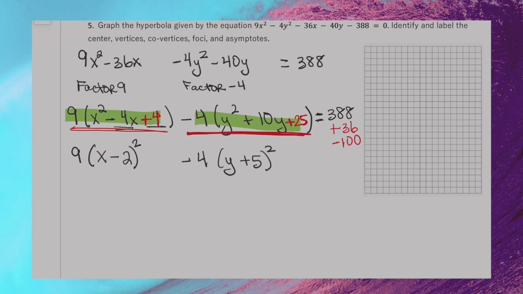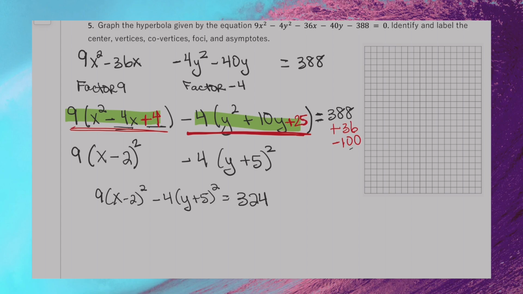So now my equation looks like 9 times (x minus 2) squared minus 4 times (y plus 5) squared equals, and if we do the math on this, 288 plus 36 is 324. Now, if you look back at your format for standard form for a hyperbola, I need it to equal 1.